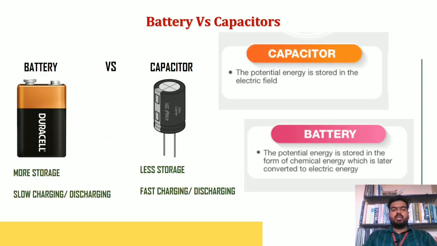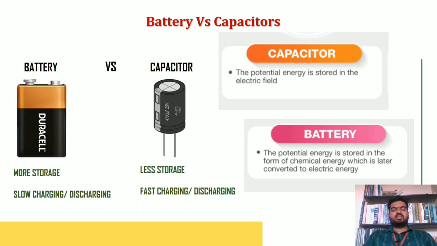And one more thing: whenever we study the capacitor, we have a doubt. What is the difference between a battery and a capacitor? We say the capacitor stores energy, and the battery also stores energy. What's the difference? A battery has more storage and slow charging and discharging.